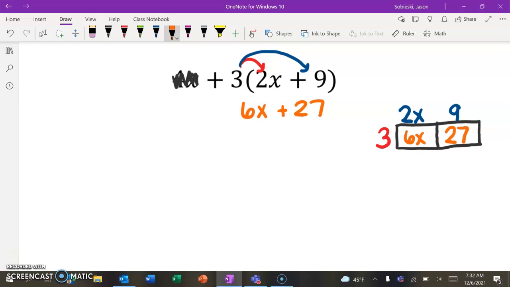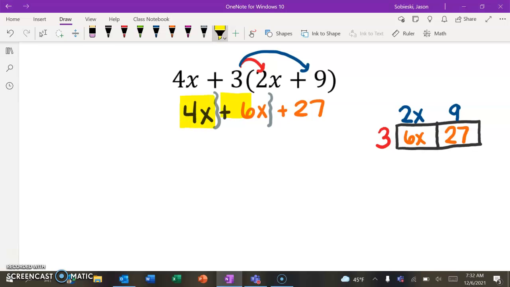Right? Again, if you did the arrows, that's just saying take each term inside the parentheses and multiply it by 3. So sometimes that's a little bit quicker than using the rectangle method. So we're almost there. All we have to do now is just go back, include the 4x, and now we just want to start combining our like terms, right? So we took care of the distributing part at the beginning, got an expression, and now we can just combine our like terms.